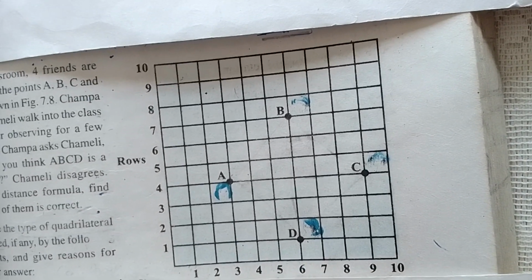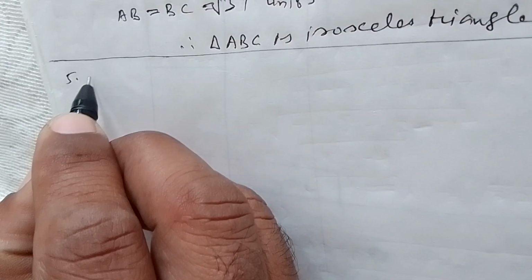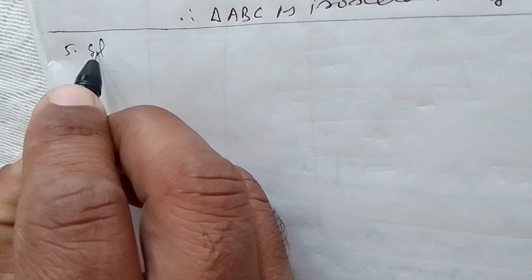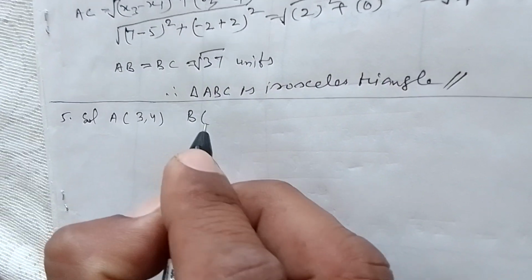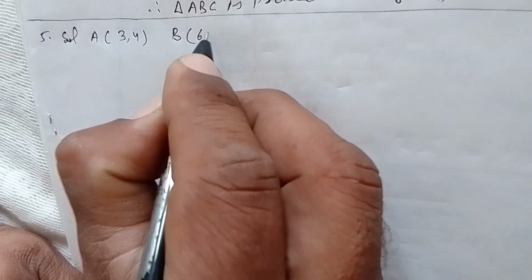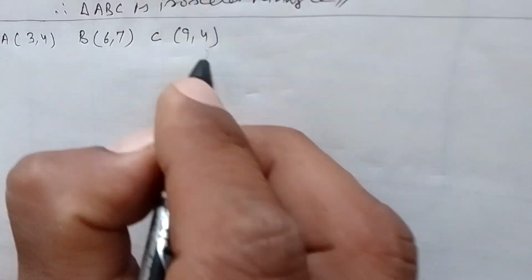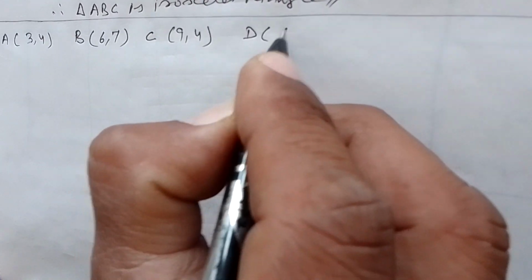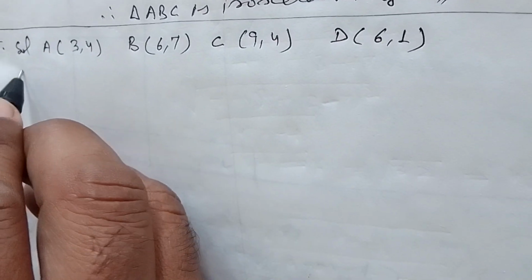So the solution of the fifth question: point A (3, 4), point B (6, 7), point C (9, 4), point D (6, 1).